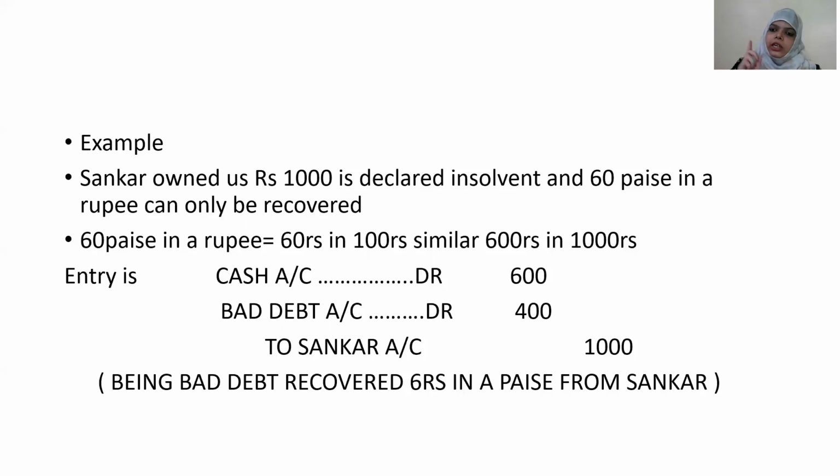So we are transferring that irrecoverable amount, the bad debt amount, to the bad debt account. So cash account debited 600, bad debt account debited 400, to Shankar account. Being bad debt recovered 60 paisa in a rupee from Shankar.